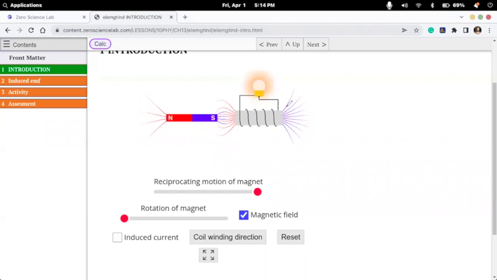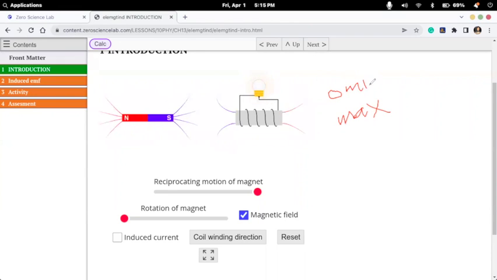When the magnet is very close to the coil, the magnetic field is maximum. So the magnetic field is varying between minimum and maximum.